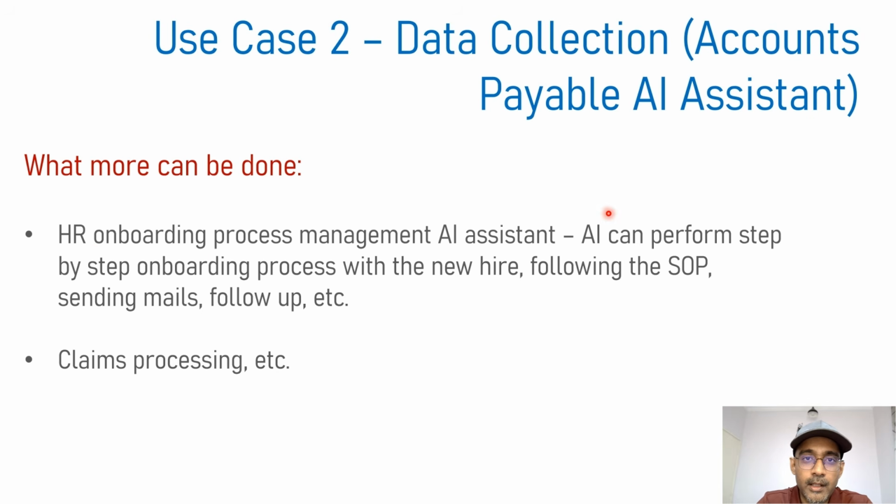This agent can have a list of tasks that need to be done for each new staff member, based on whatever logic we set up. You can send email, you can get data, you can fill up forms, etc. All these things can be done. And of course the architecture is really flexible to be used in many other use cases, like claims processing, project structure setting up, etc.